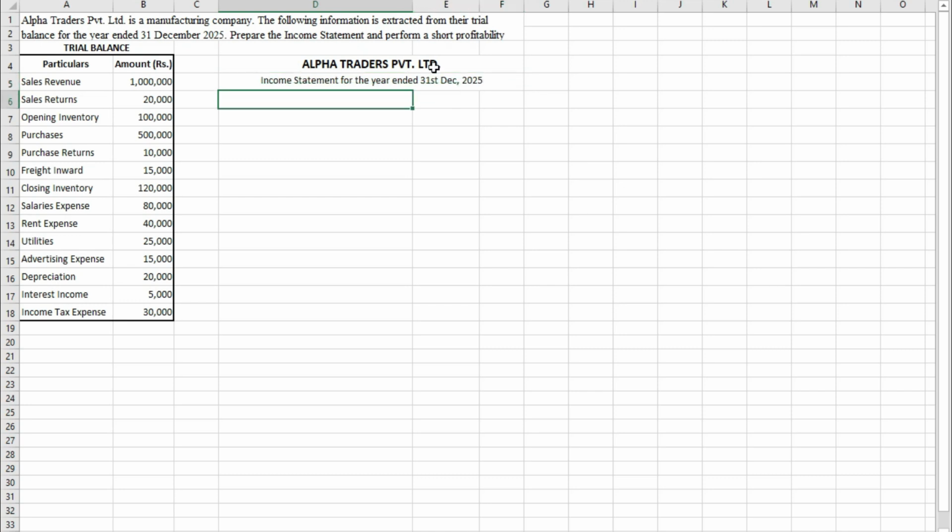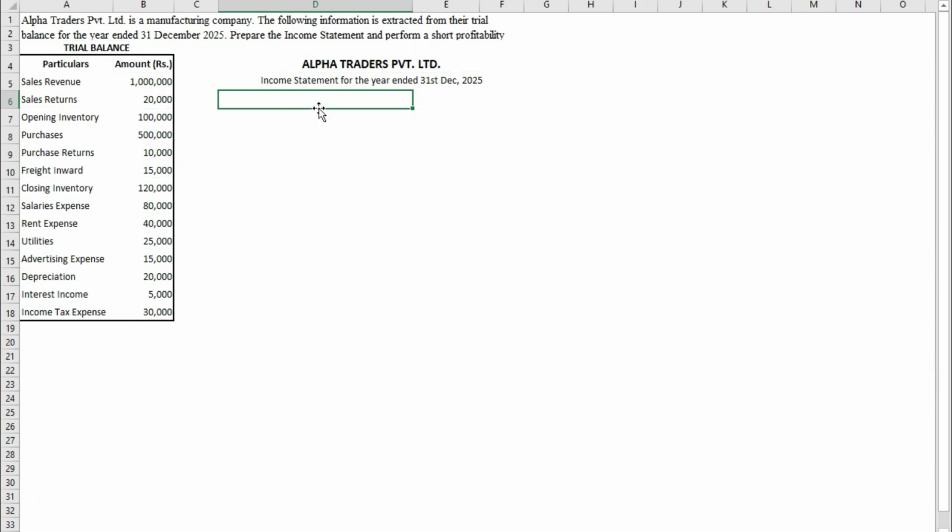Okay, now we have written it here, and just move there and remove the gridlines. Here we will add the particulars, and here the amount.